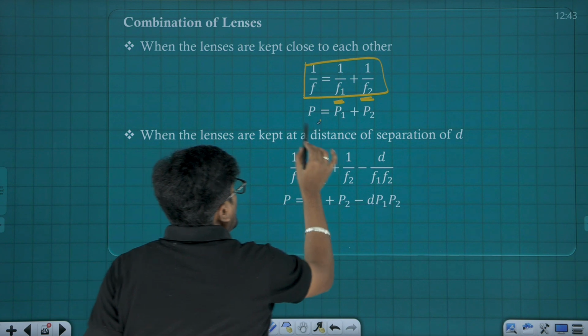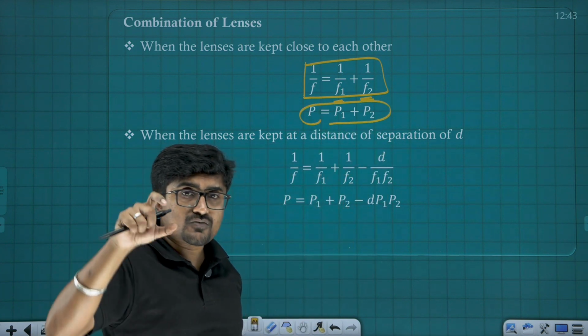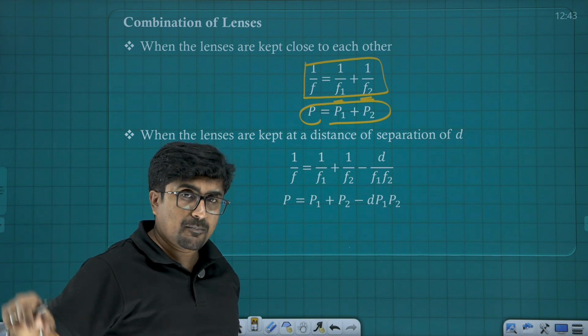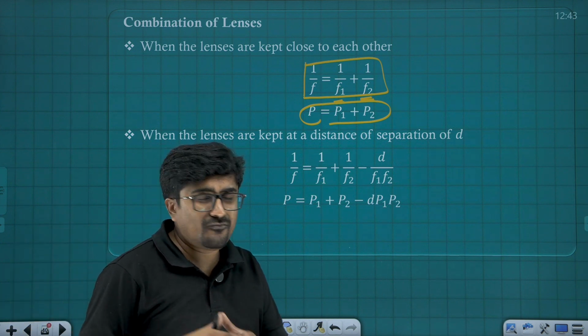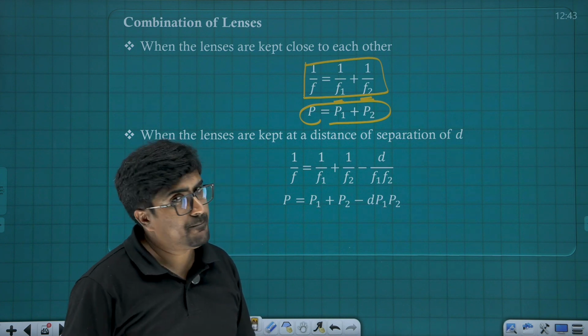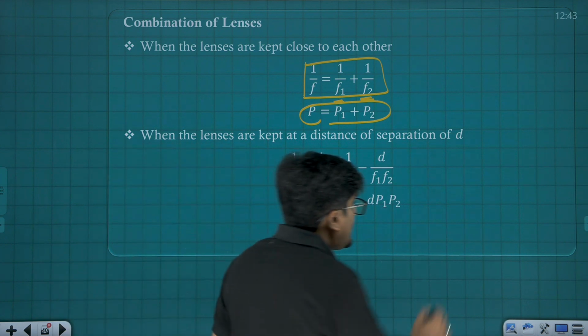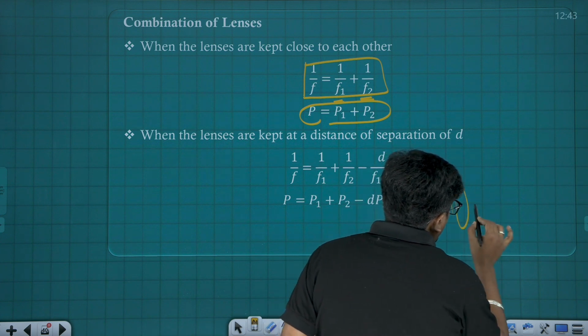We already discussed the relation between focal length as well as the power. So effective power P is going to be what? P1 plus P2.